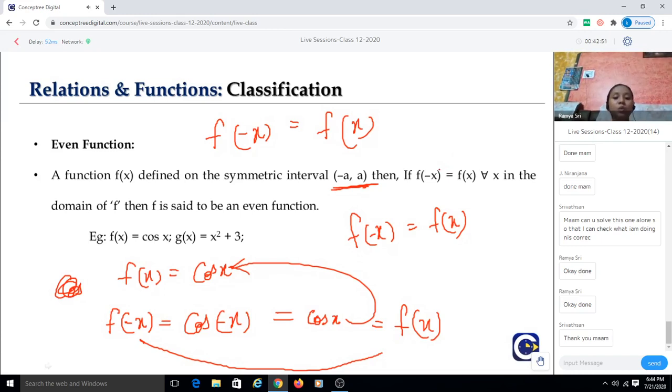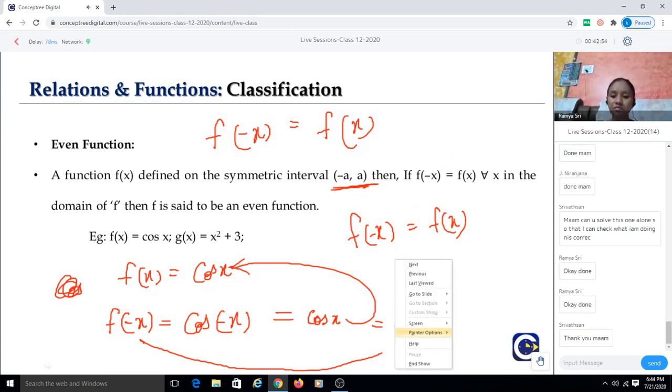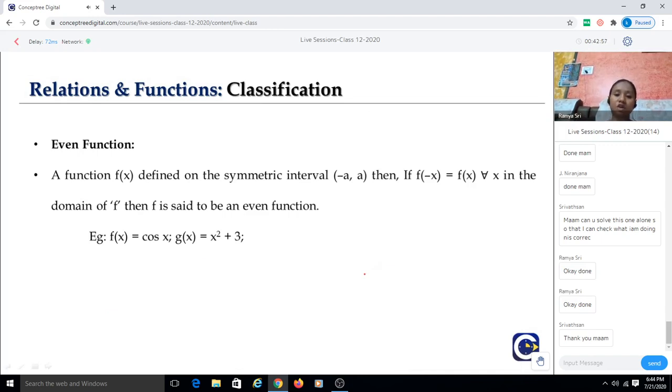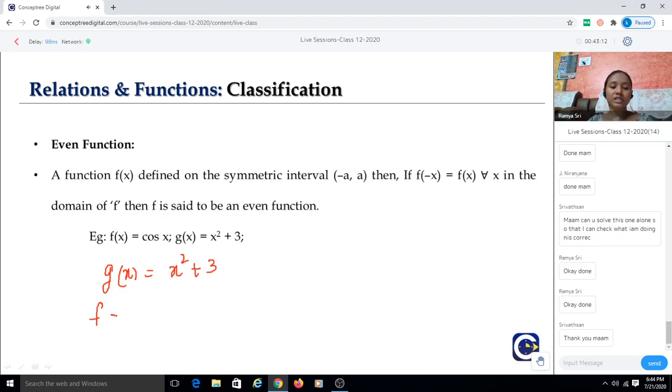Let's check with another example. The function g of x is defined by x square plus 3. To check whether it is an even function or not, follow the same steps. We substitute minus x in place of x, so it will be minus x whole square plus 3.